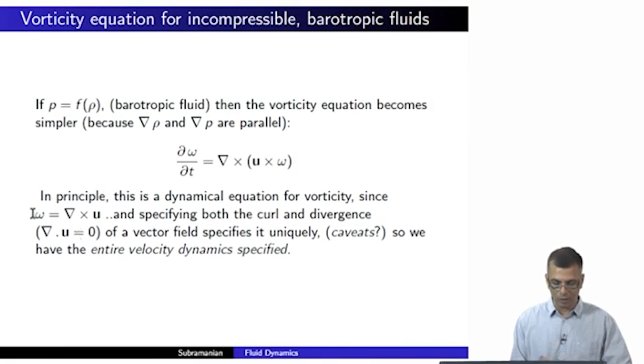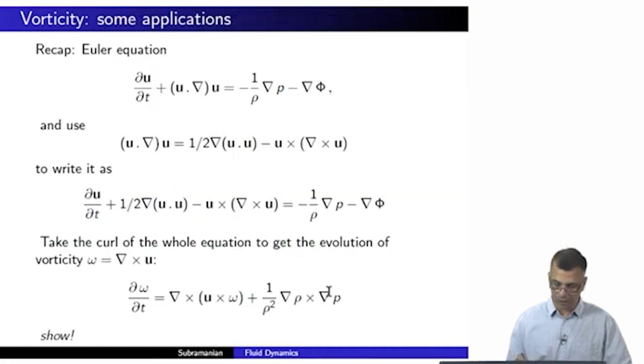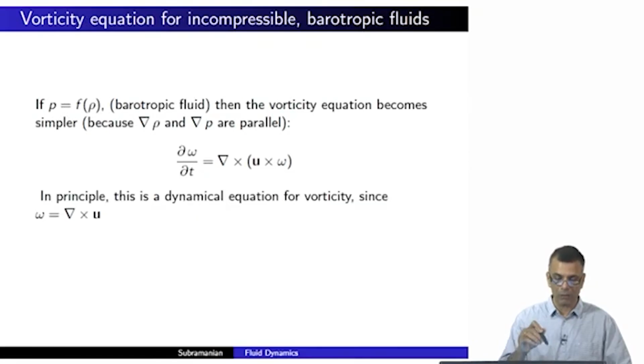The curl is the vorticity, and we are talking about an incompressible fluid. In other words, divergence of u equals 0 is always satisfied. And of course, we are also talking about barotropic fluids, which is how we were able to throw away this last term.